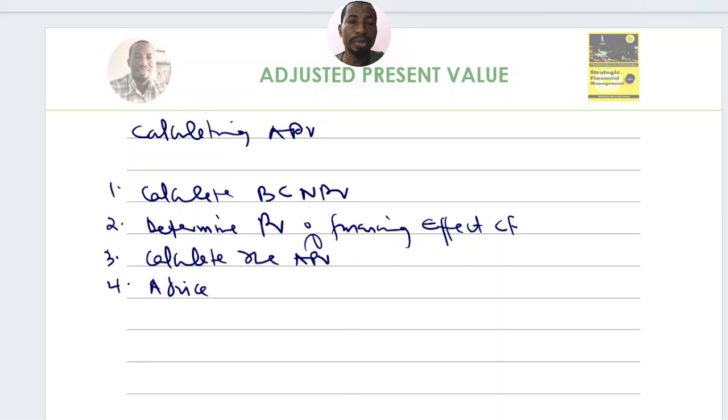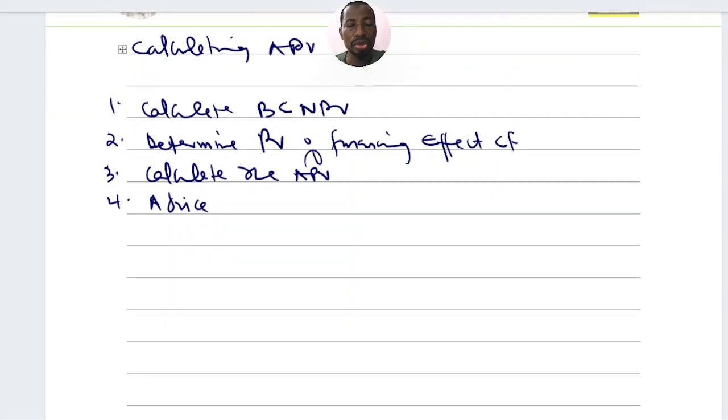So these are the four procedures you are expected to carry out whenever you want to compute the adjusted present value. It could have been very easy if you can just go to the question, add 1 plus 2 and get the base case NPV, or just add one or two numbers and you get the PV of financing effect cash flow. So it's more than that.